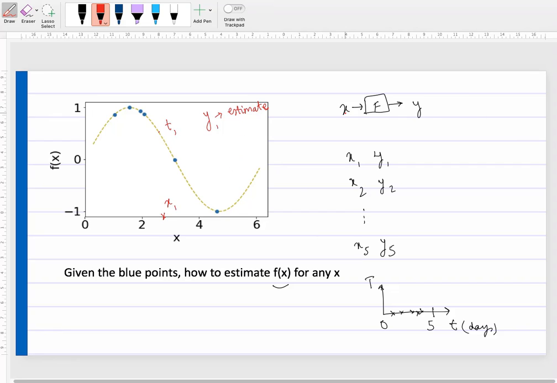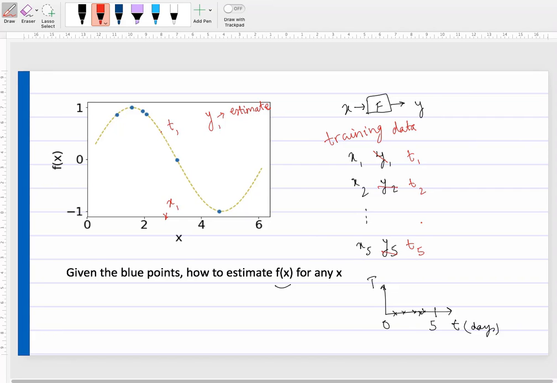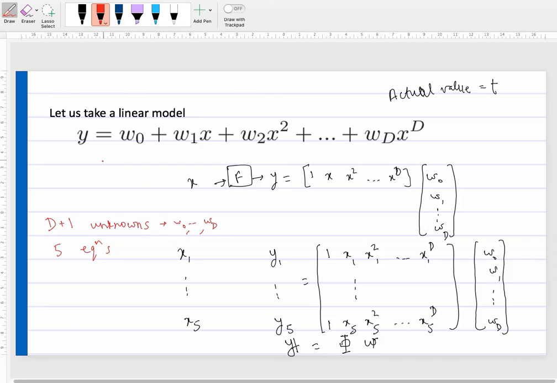Actually, when I am taking my training data, it should be t1, not y1, because I am in training. I know the actual target value, right? And y is my model, so y is my estimated value. This could be different from my target value.